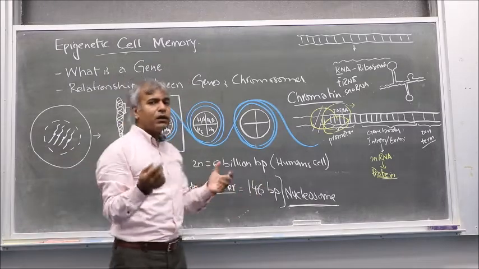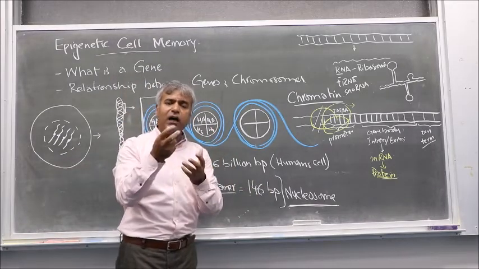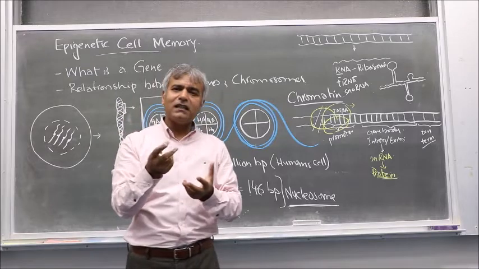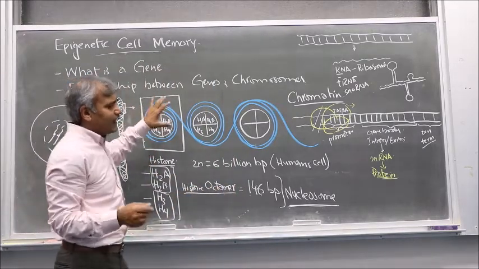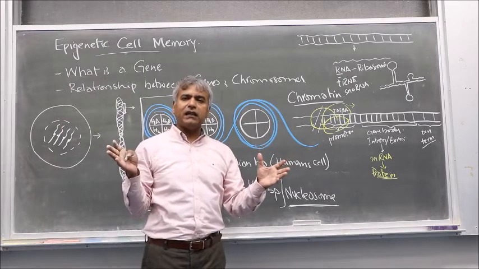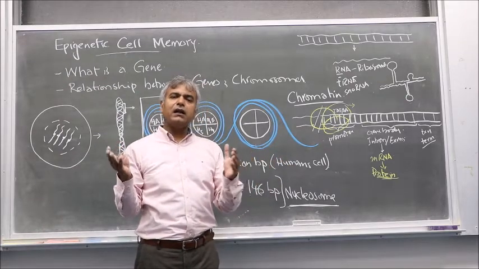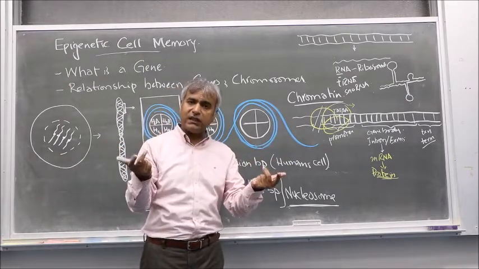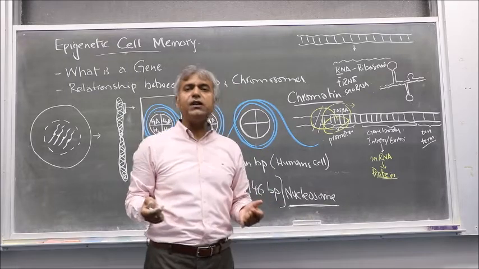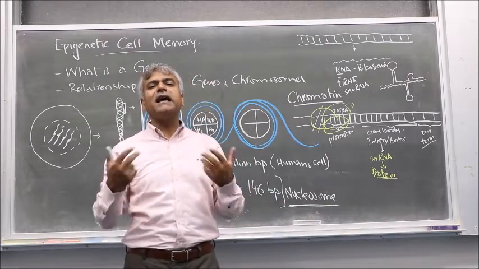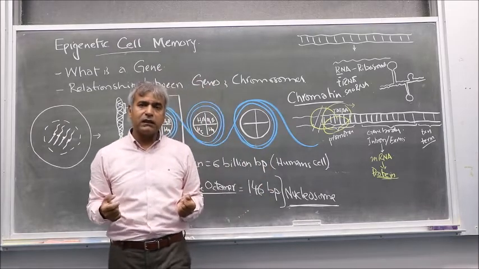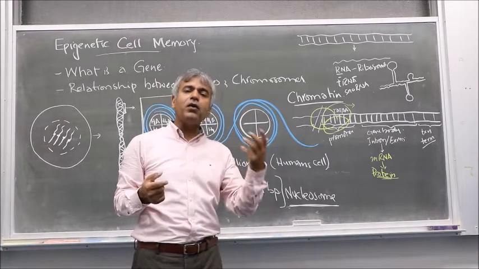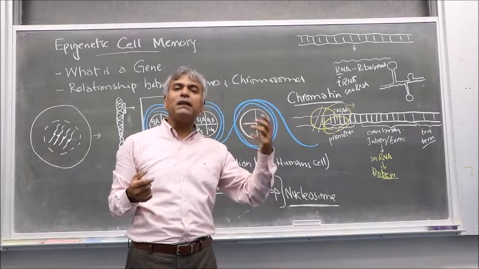So the definition of a gene, or our understanding of a gene, is basically a sequence of DNA which gets decoded. The information in that particular gene is decoded, and it plays a certain functional role in a cell. It contributes to a specific cellular process.